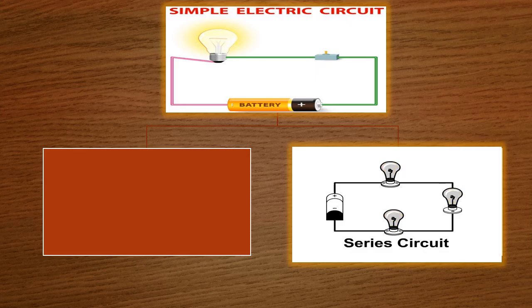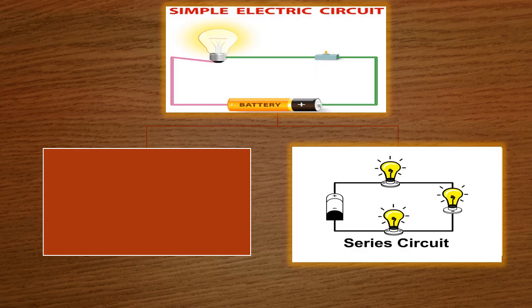One side of the first bulb is connected to one side of the battery, and the third bulb's one side is also connected with the other side of the battery. In this type of circuit, the voltage is not the same, but the electricity flow is the same, as the two sides, the positive and negative sides of the battery, are not directly connected with each bulb.